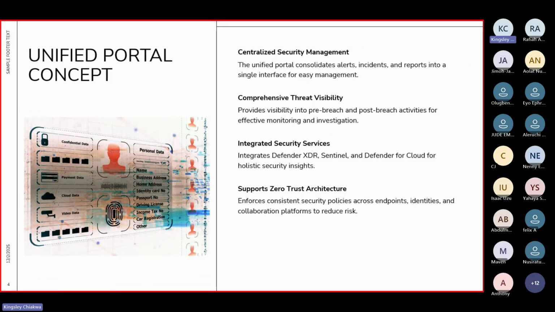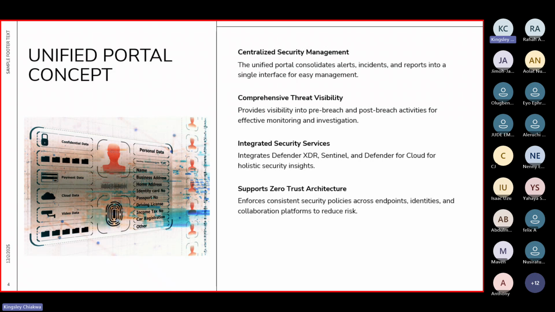It supports zero trust architecture, and enforces consistent security policies across endpoints, identities, and collaboration platforms to reduce risk. Everything within the Microsoft platform is built on one thing, and it's called zero trust.